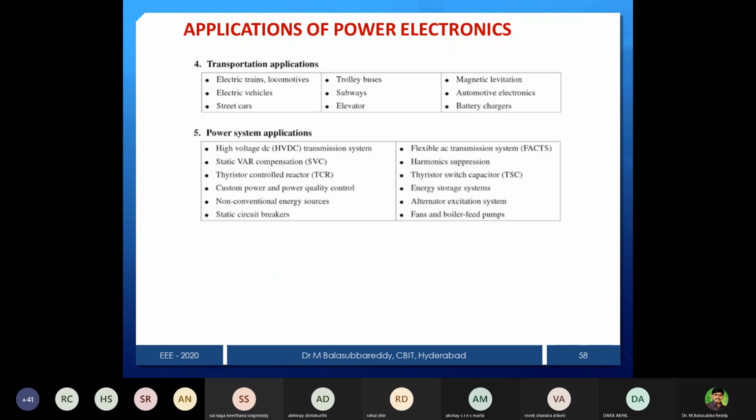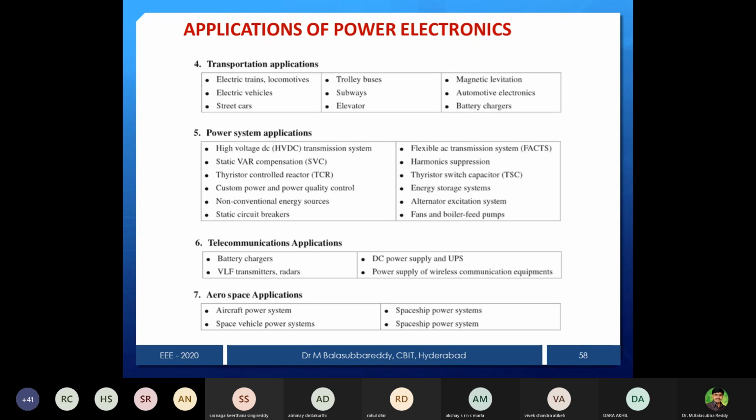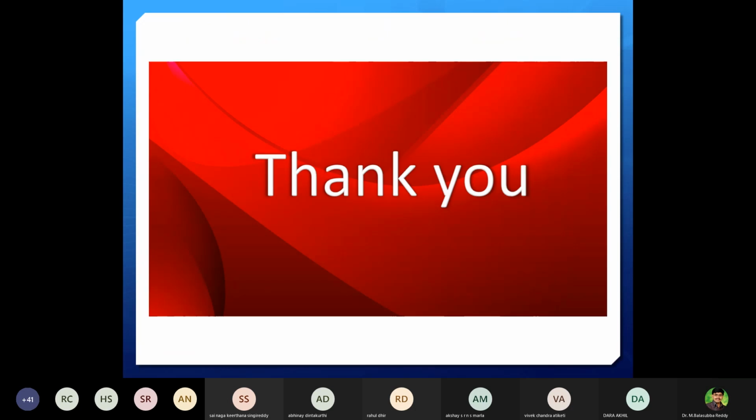Another one is power system applications: HVDC transmission, FACTS controllers, meaning TCR, thyristor controlled reactor, and switched compensation, like all FACTS controller equipment. In many cases we use power electronic equipment, and aerospace applications also use this power electronic control strategy. So these are all the basic introduction of power electronics.